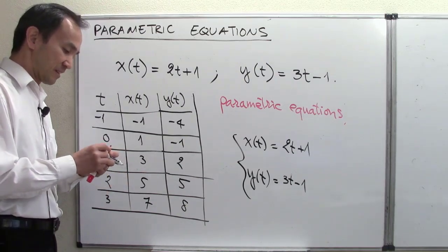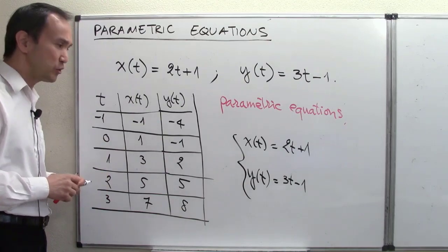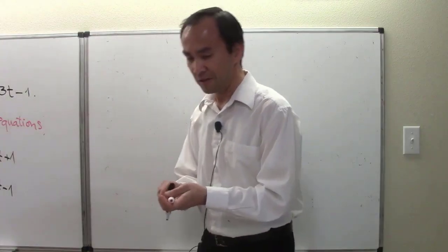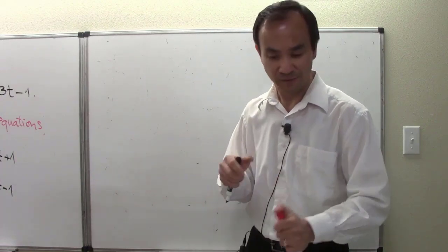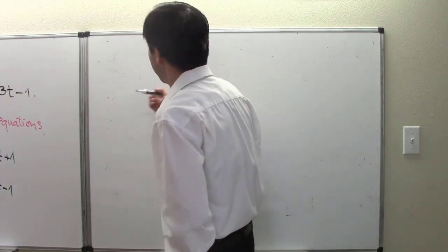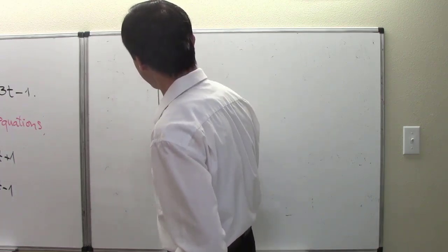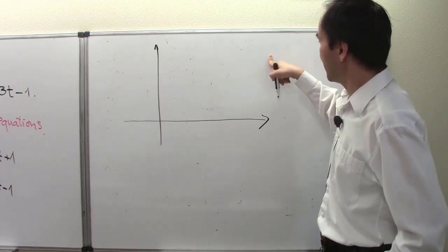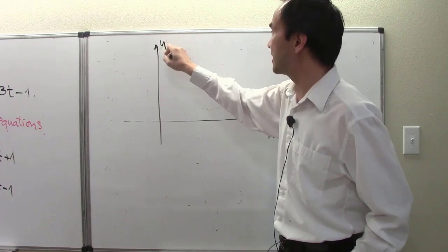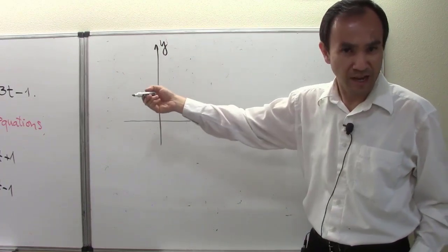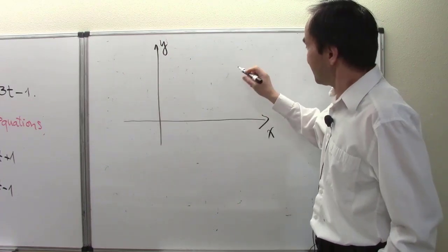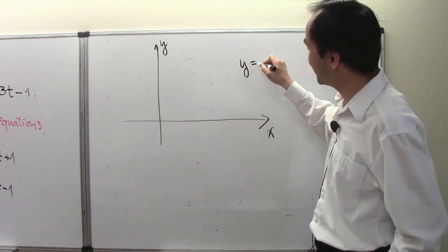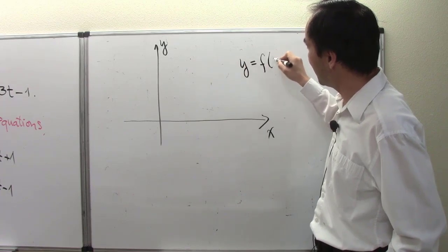Now, what's useful about this? What's useful about parametric equations that we have to learn? So now think about the idea as follows. In a graphing space that we used to know, with the x-axis and y-axis, from pre-calculus 1 and up until any time prior to this point, we used to know that y is written as a function f in terms of x.